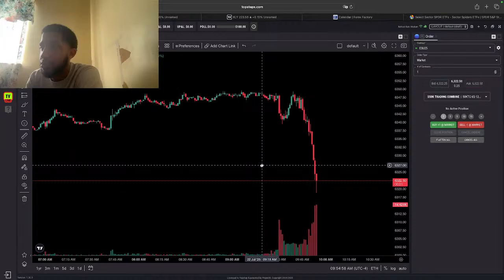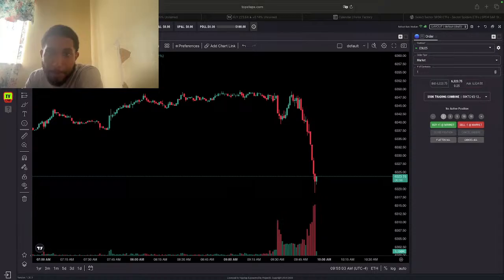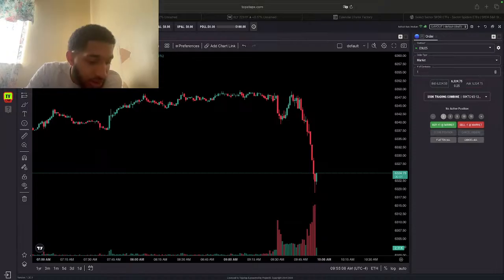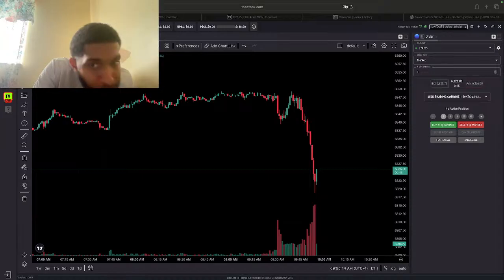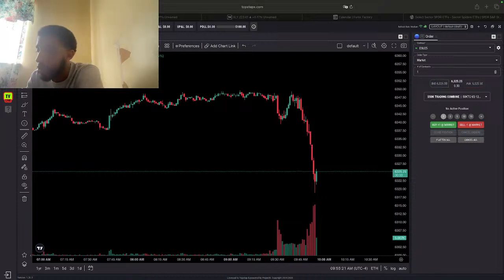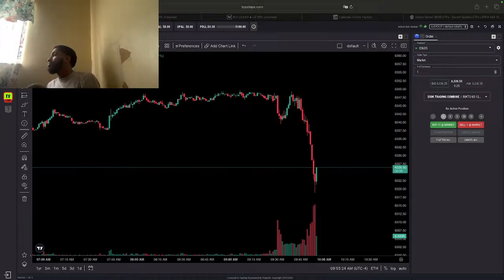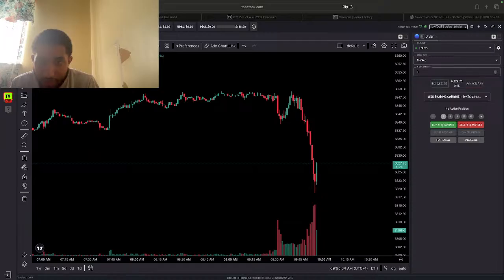Look at these red candles. This is insane. This is a demand zone, and we are at a demand zone. We could possibly begin to reverse. I don't know if I want to take these longs right now.